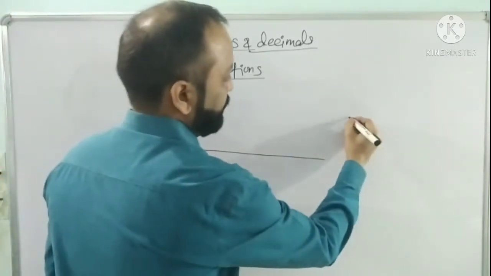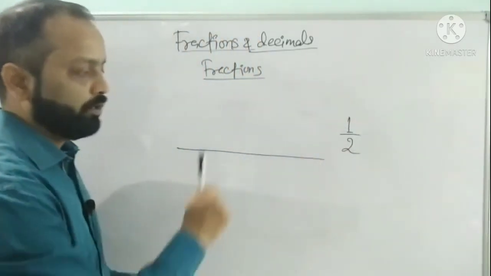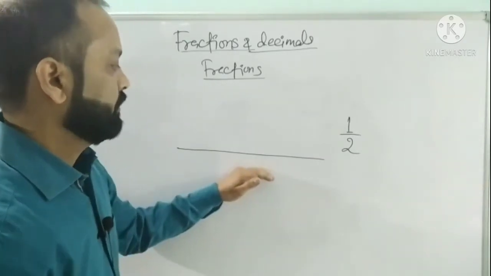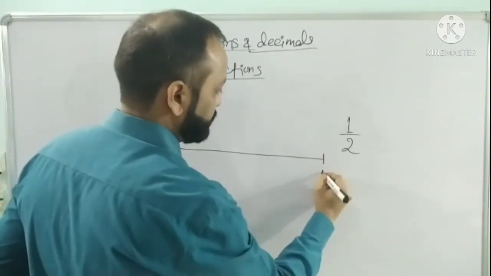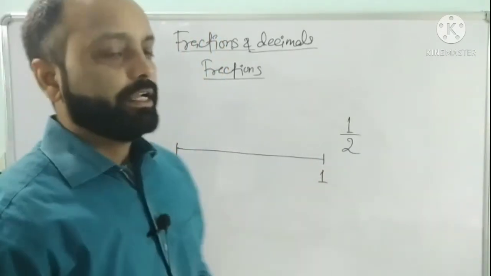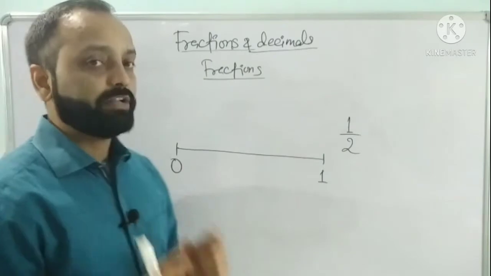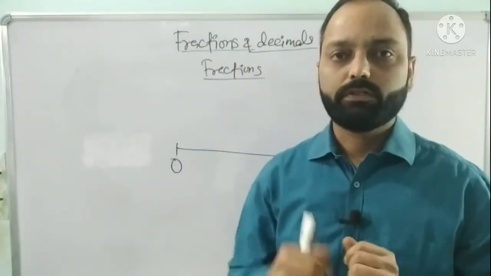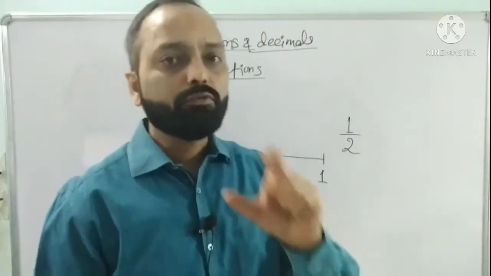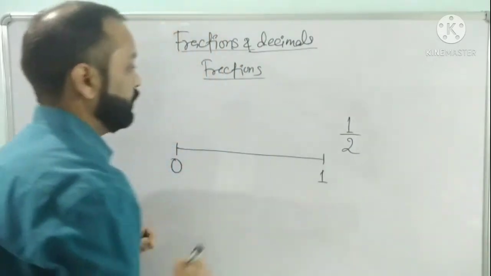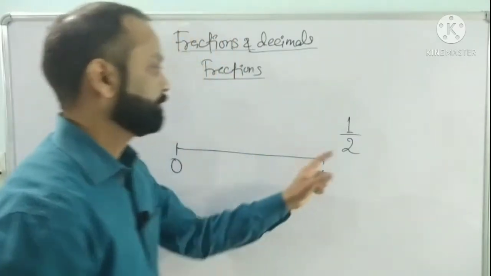Now if I ask you to put 1/2 on the number line, so this is 0 and this is 1, and let me tell you that whenever we talk about fractions, a fraction is always less than 1. Why so? Because a fraction is a part of a whole. But that is only in the case of a proper fraction, that you need to remember.